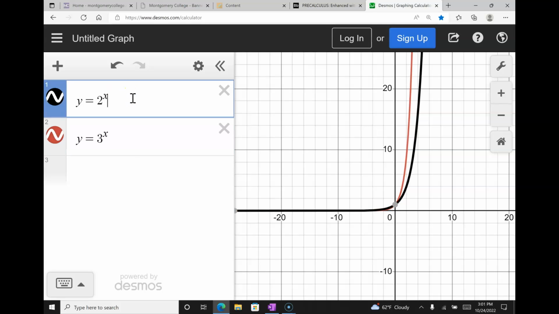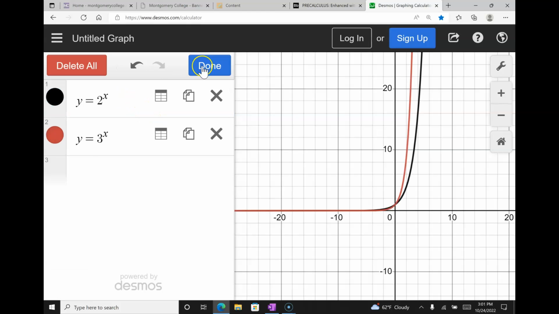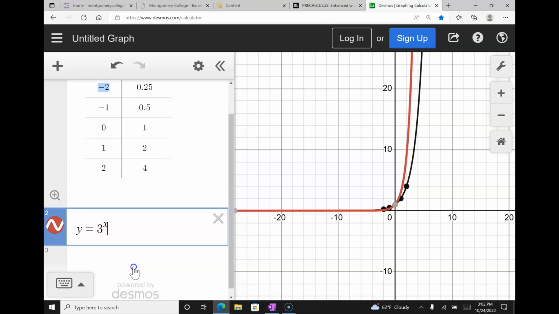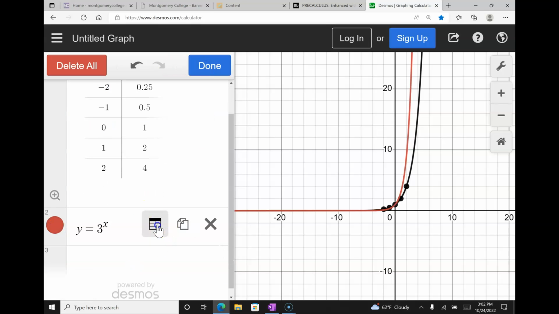So I'm clicking in the box with the function. Make sure you watch me do this. I'm clicking in the box with the function. I go to the gear and I pick a table, and then it's going to generate a bunch of points for me, right? So in 3 to the x, hit the gear, hit the table.